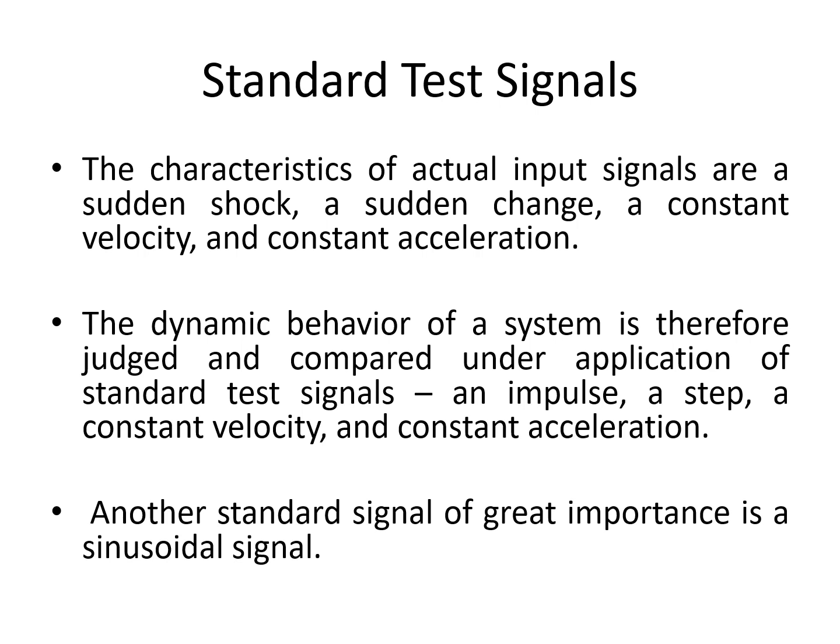Standard signals are taken and the system is tested for those standard signals, and then it is given the actual input. Another standard signal of great importance is the sinusoidal signal. So along with these four standard signals, another important standard signal is the sinusoidal signal.